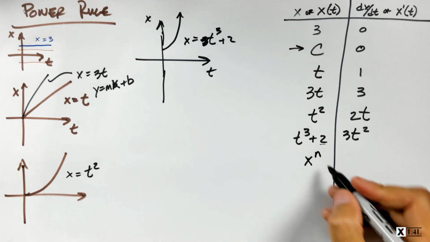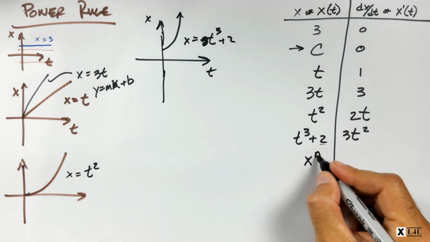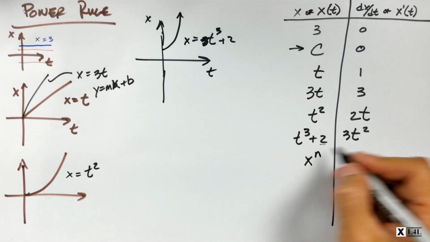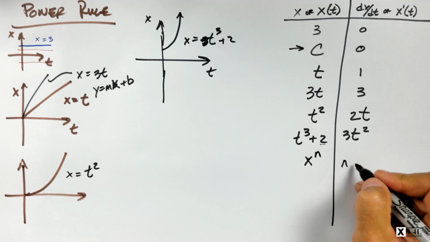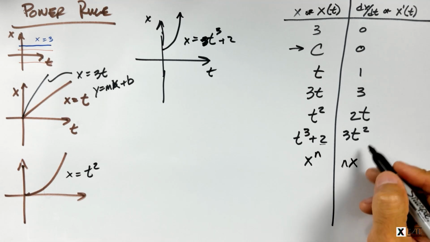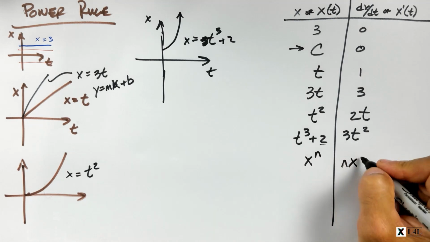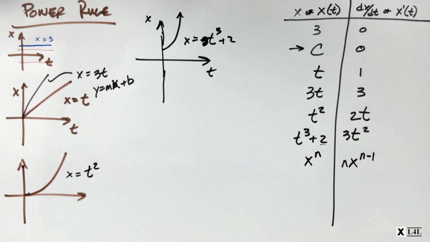If I want to find the derivative of this function, I take the value of the exponent, bring it down, and multiply the overall function by it. So it becomes n times the variable, and then I take 1 away from the exponent, so this becomes n minus 1.